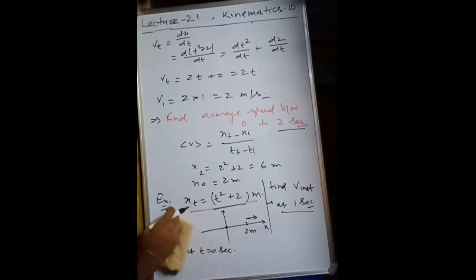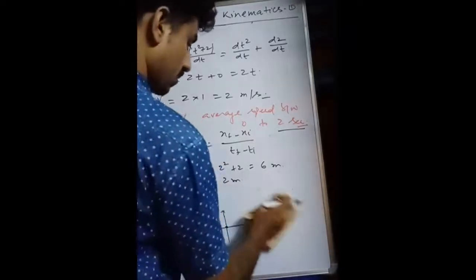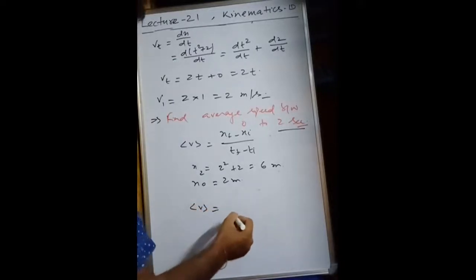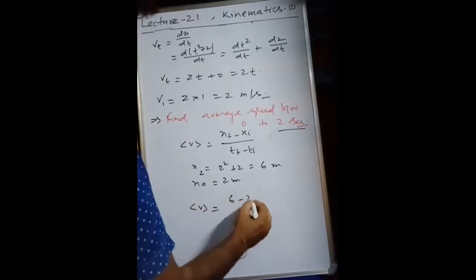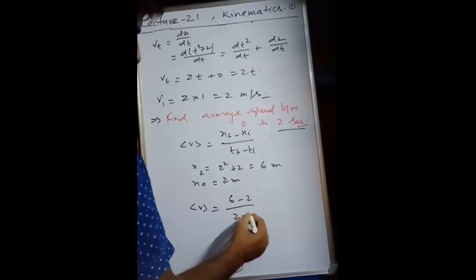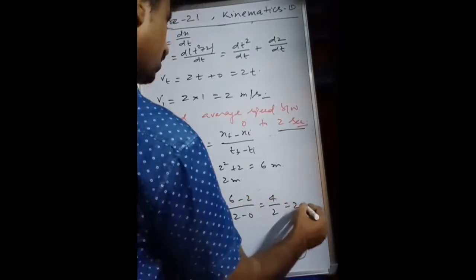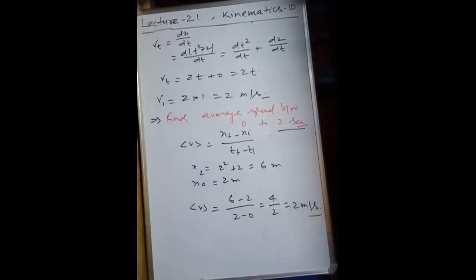Okay, my dear student. So, we can write the average speed as 6 meter minus 2 meter divided by the time, 2 minus 0, it is 4 by 2 meter per second. I hope you understand this question.